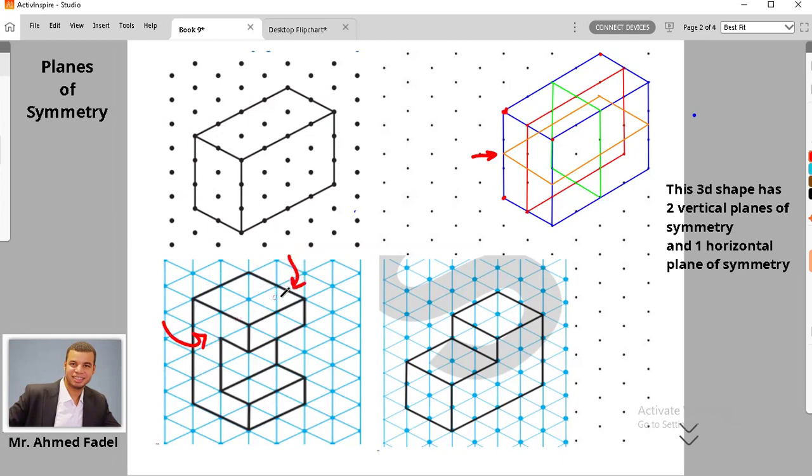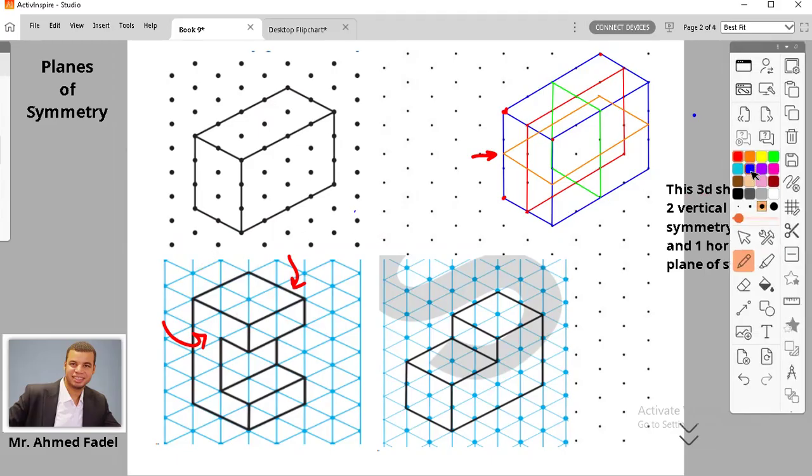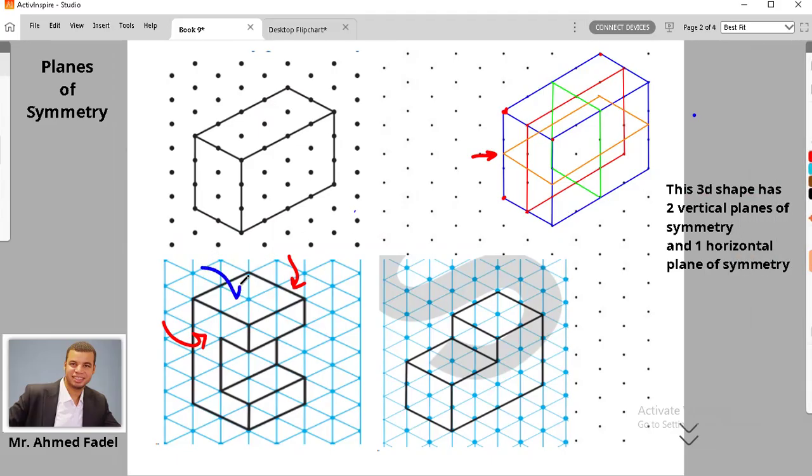They are parallel and identical. I got also the square at the top, and there is one also at the bottom. So I got two pairs of parallel identical faces. Then I'm going to need two planes of symmetry, one plane for each pair.